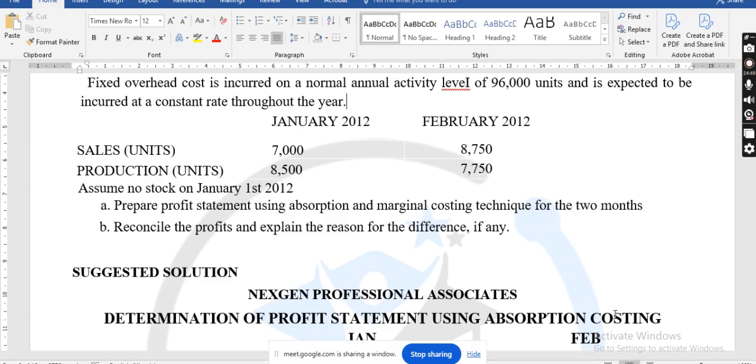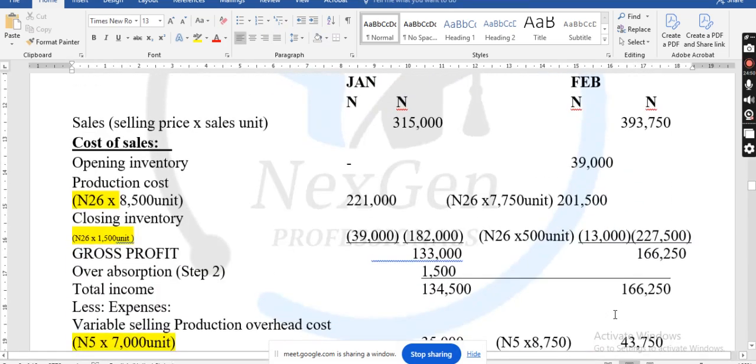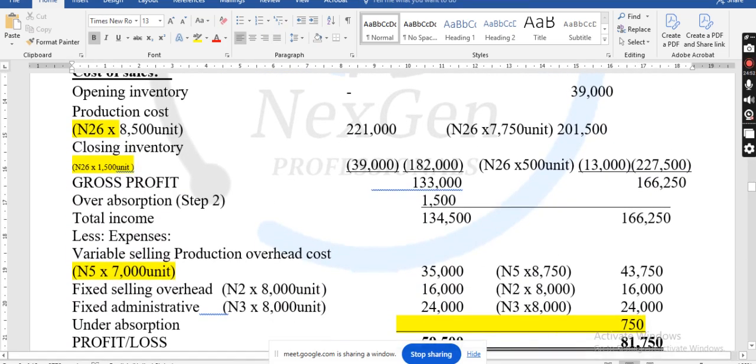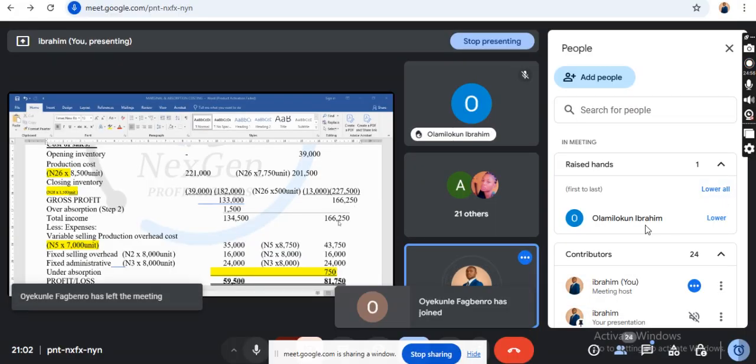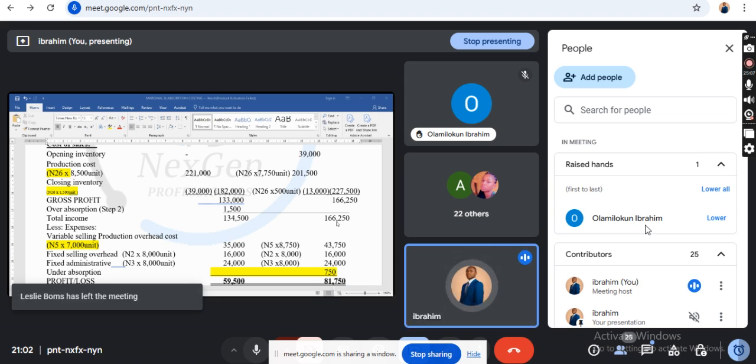Of course, the reason why the profit for marginal costing is different from the profit of absorption costing is because of the difference in the valuation of the inventory. You can see that in the valuation of marginal costing, you use variable cost.